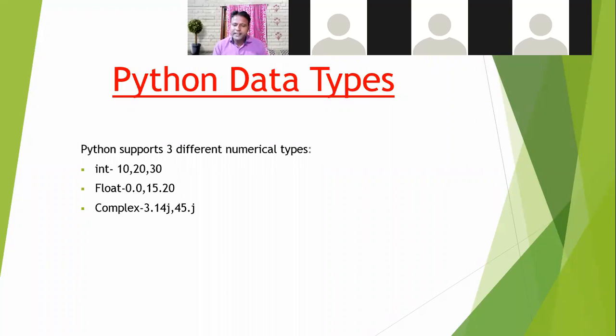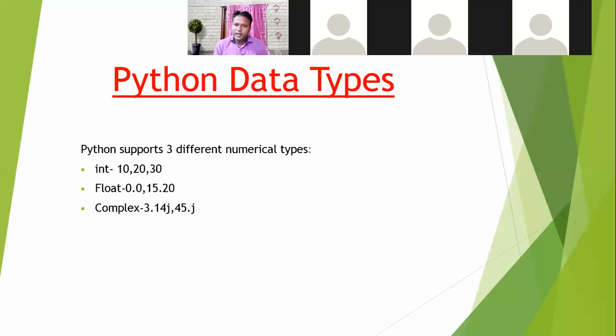One is your int, which is a whole number. Another is your floating point value, like 0.0, 15.20. Next is your complex value, which is given as 3.14j, 14.j. It is a complex value.